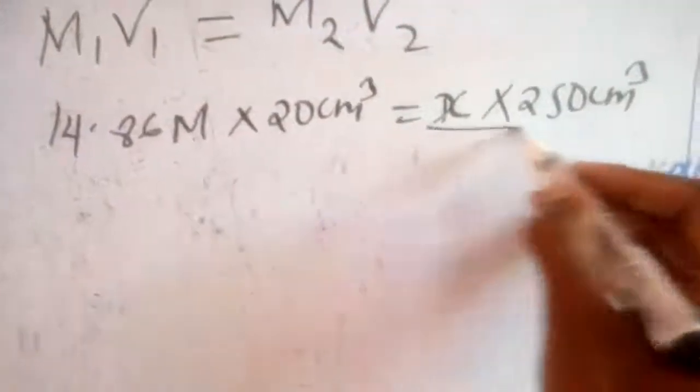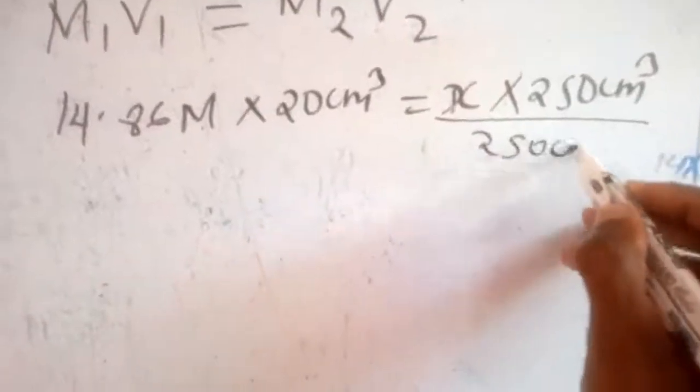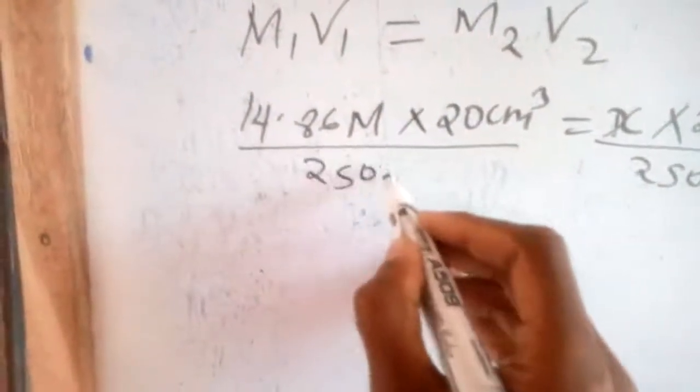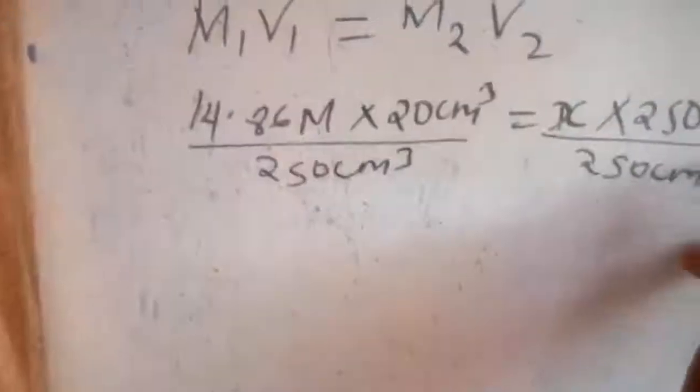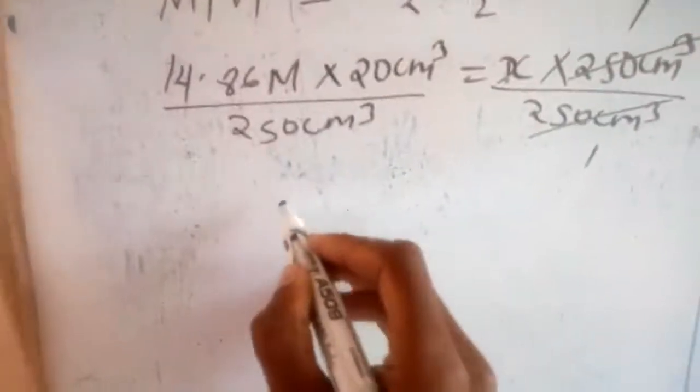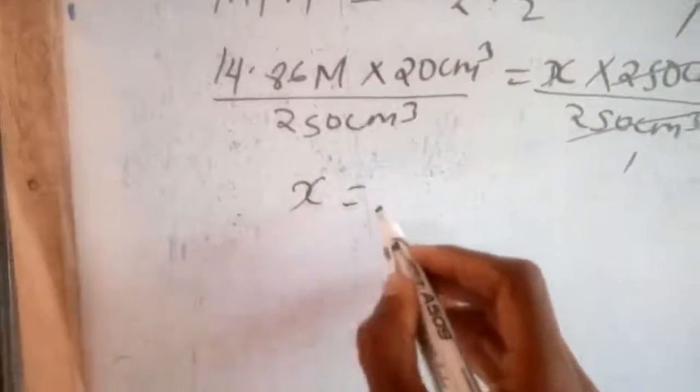Then you divide both sides by 250 cubic centimeters, and this will cancel out, and therefore the value for X becomes, you just take your calculator.